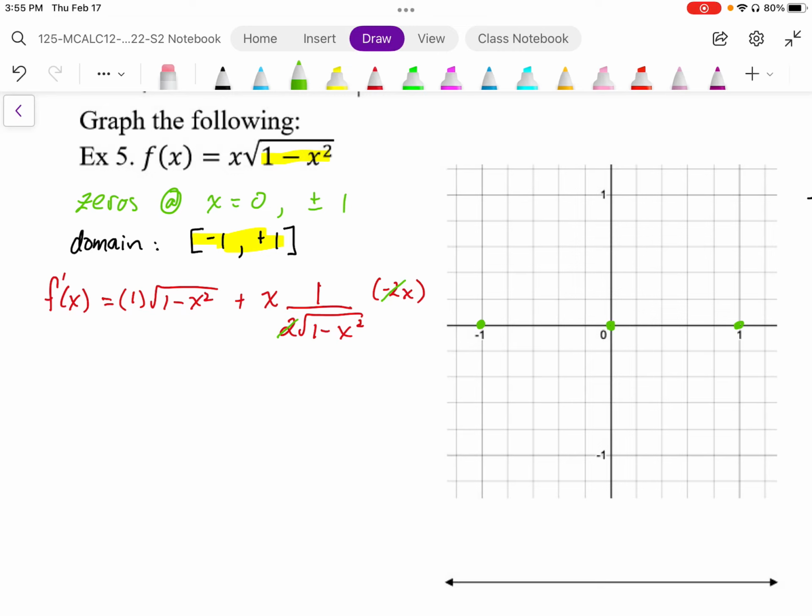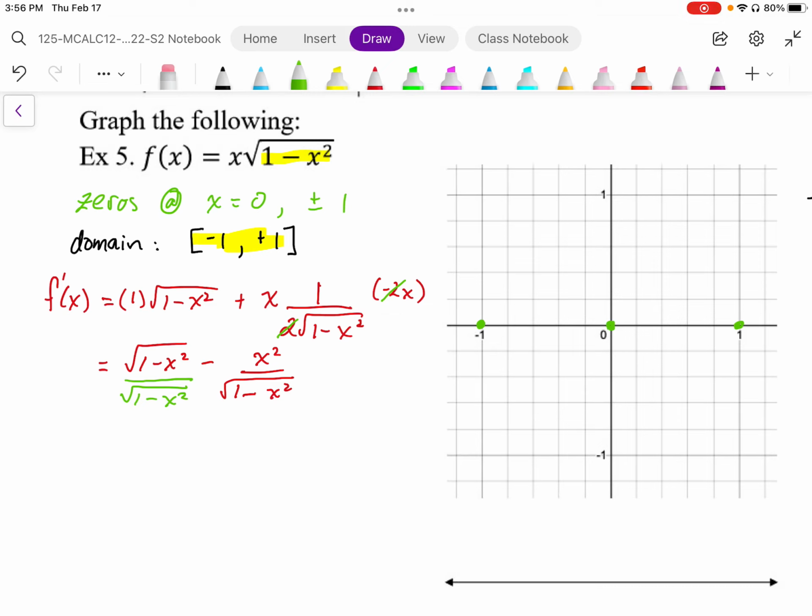The 2's cancel out. So I'm going to simplify this in a couple steps here. So I'm going to end up with the square root of 1 minus x squared, and then minus x squared over the square root of 1 minus x squared. I want a common denominator here, so I'm going to put it over a common denominator.